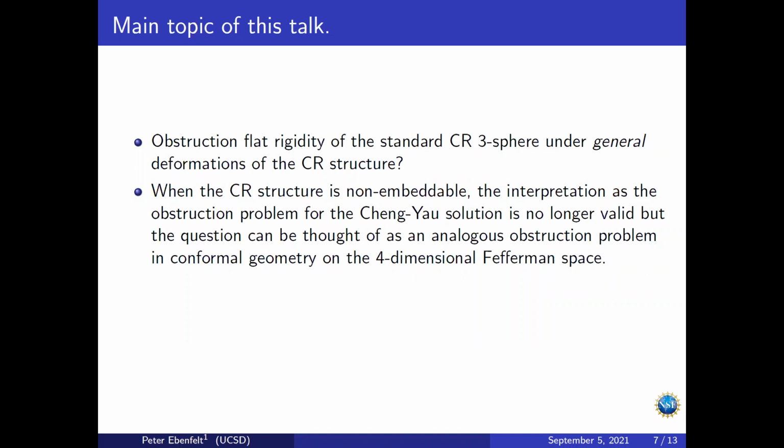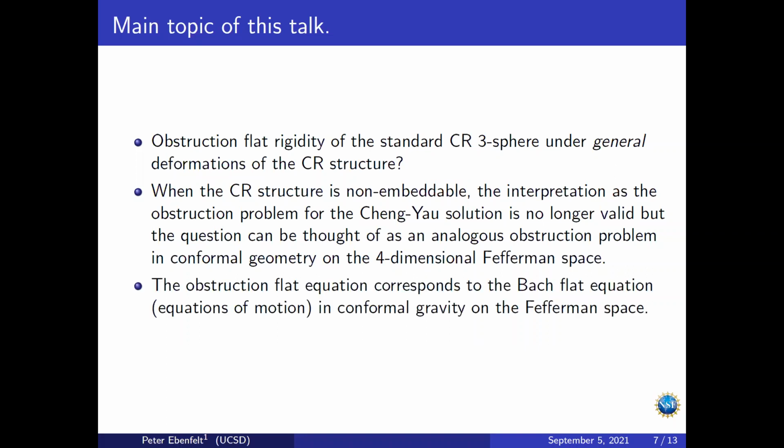If you go to the so-called Fefferman space, which is a 4-dimensional space, circle bundle over the compact manifold, it also turns out in terms of conformal geometry, the obstruction flat equation is actually the same as the so-called Bach flat equation in conformal gravity on the Fefferman space. So there's still less connection to complex analysis, but there's still obstructions going on there.